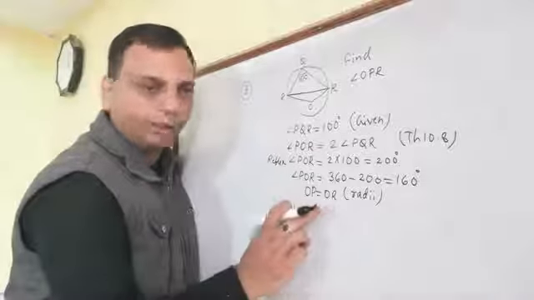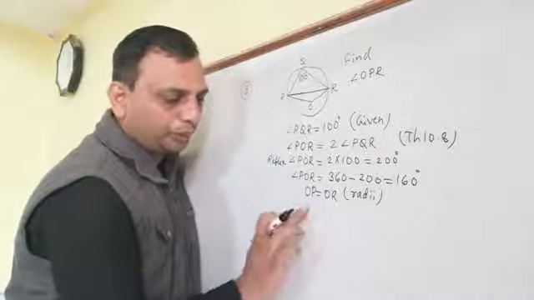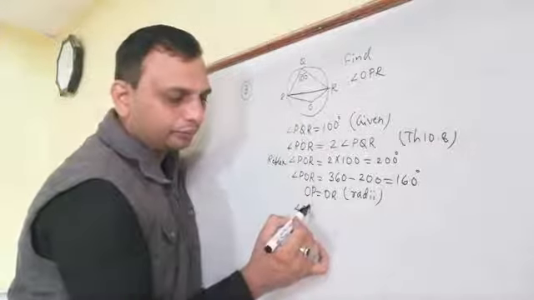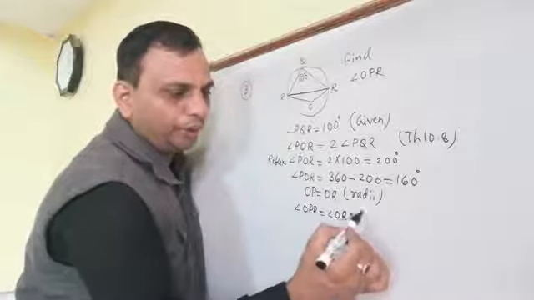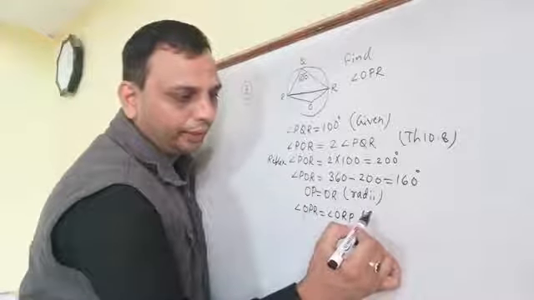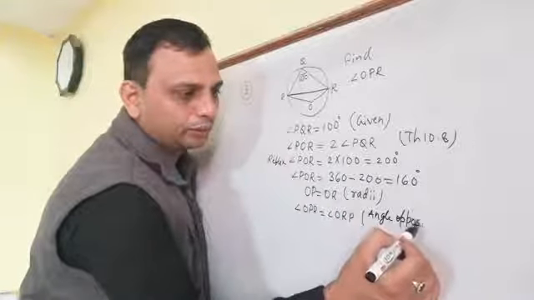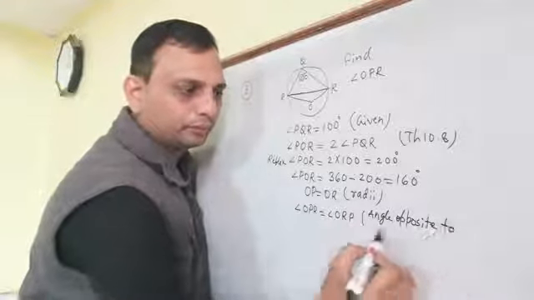So angles opposite to equal sides are equal. So by using the theorem, angle OPR equals angle ORP.